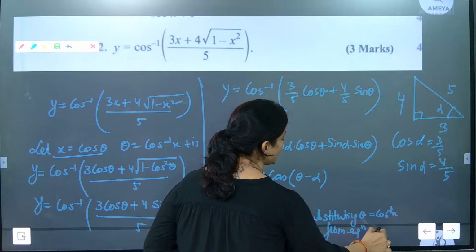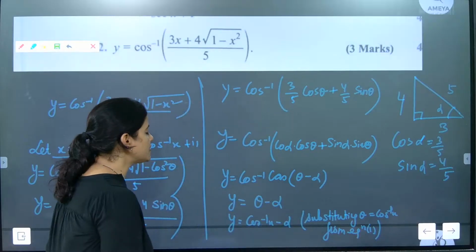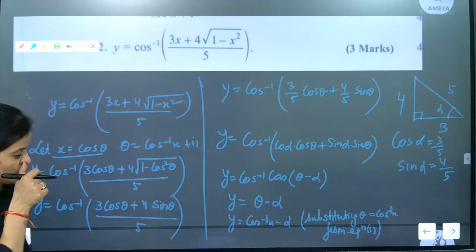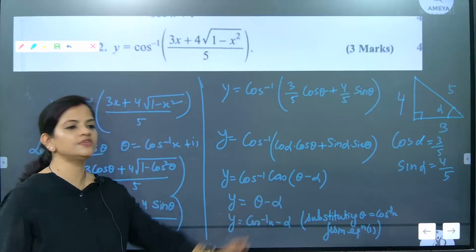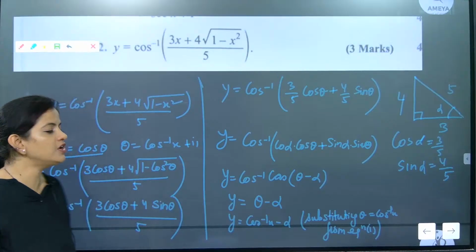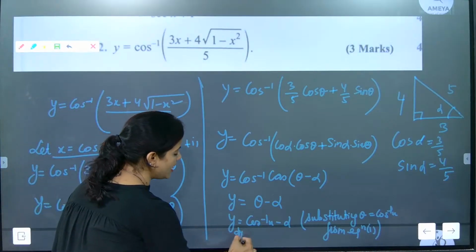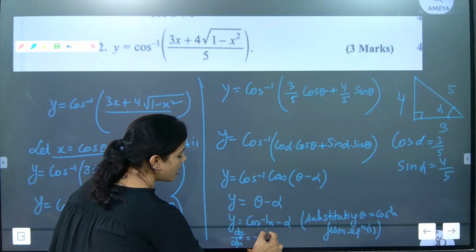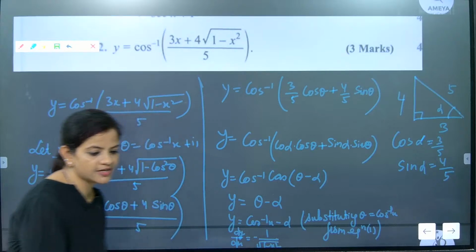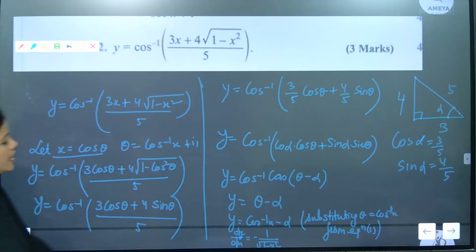From equation 1. Only the last shot is left because now we are very near to the answer. Y is equal to cos inverse x minus alpha. One small work, differentiate it. When we differentiate it, dy by dx will come as minus 1 by root under 1 minus x square. That's the end of the answer.